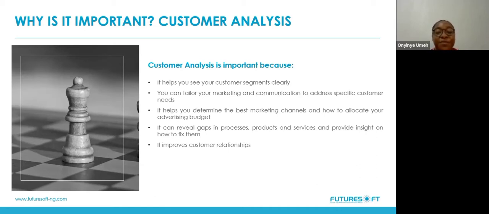You can also review gaps in the processes, your product, your service. I mentioned this earlier. So if you analyze your customers successfully, you might realize that what the people you're trying to target want is not something that you're providing, or maybe what you're providing does not necessarily cover everything.